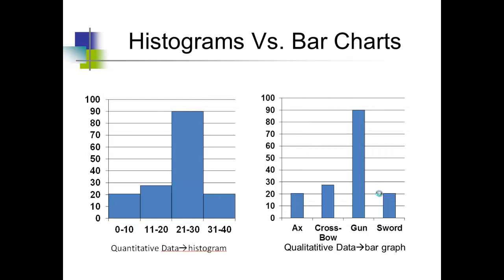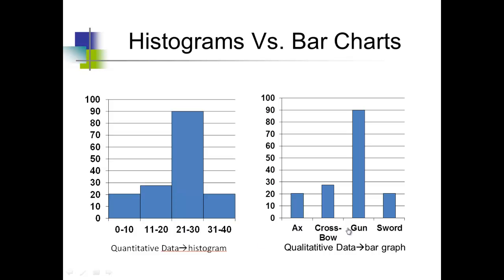All right, so one thing that you will see is that there are histograms and bar charts. Histograms are where all of the bars touch, and that's based on a theoretical reason. 0 to 10 should be right up next to 11 to 20, and 11 to 20 should be right up next to 21 to 30.